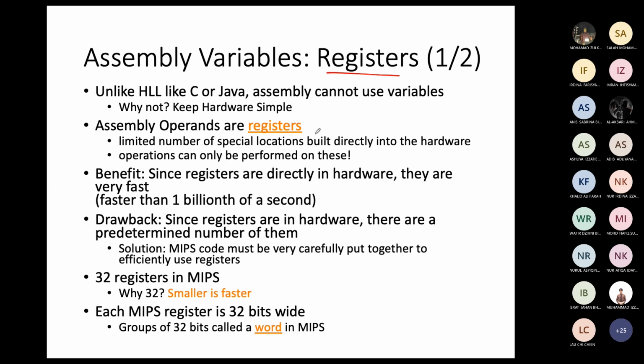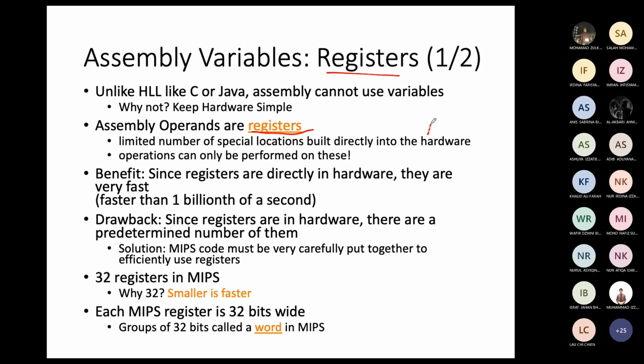All the data that we store in variables, in assembly we store in registers. So all operands are what we call registers. There is a limited number of special locations built directly into the hardware.